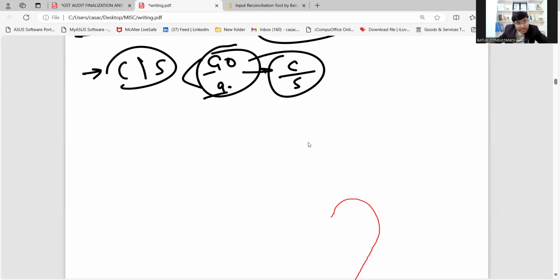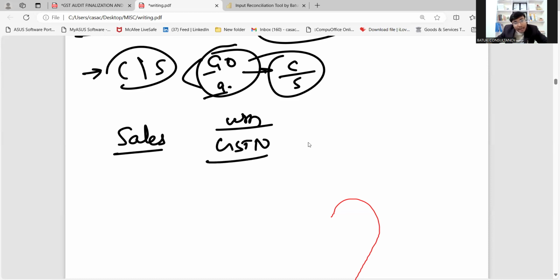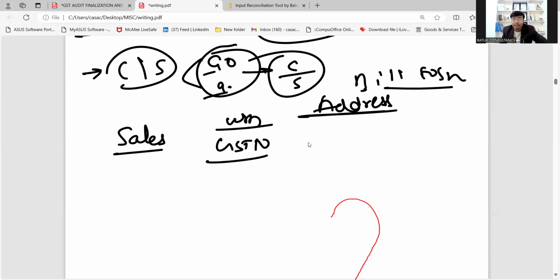In that case you just need to demand the sales list with GSTN and address, so that you can easily get an idea. If there is any bill to ship to model, you will know from the address, and through that address if there is any diversion you can ask the taxpayer questions, and if the taxpayer provides you the data related to the bill to ship to model, is that completely okay?